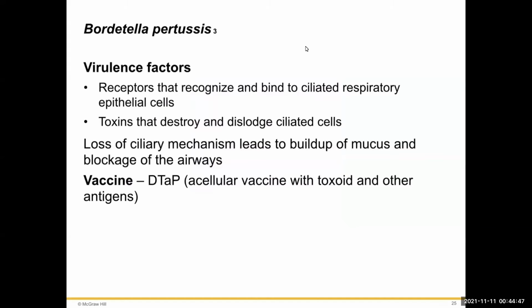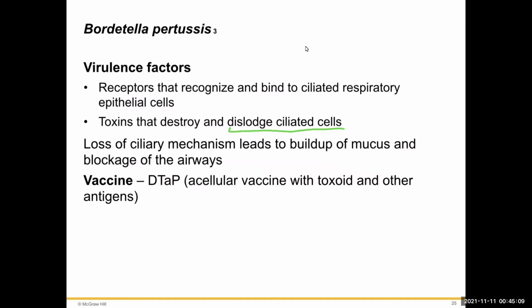The virulence factors are receptors that recognize and bind to ciliated respiratory epithelial cells. So it binds to the cilia of the respiratory cells in the bronchioles and bronchial tubules. Toxins destroy and dislodge the ciliated cells. It breaks up and destroys that ciliated lining, so you cough and can't bring things up. That's the hacking cough.